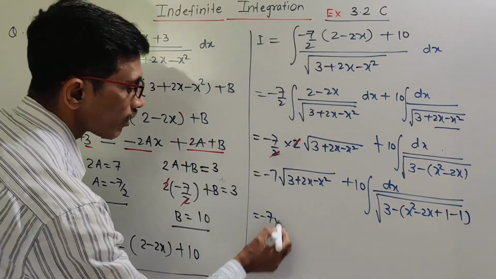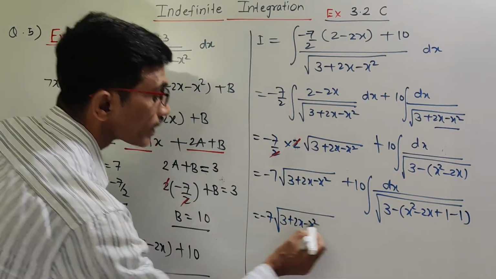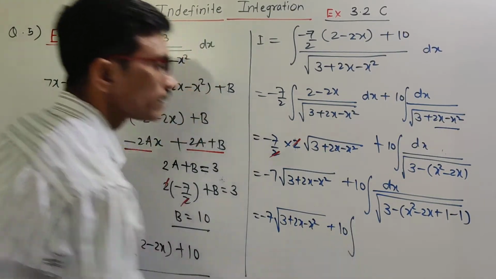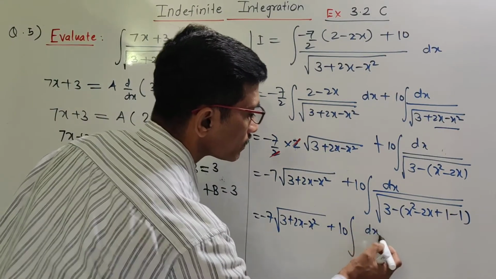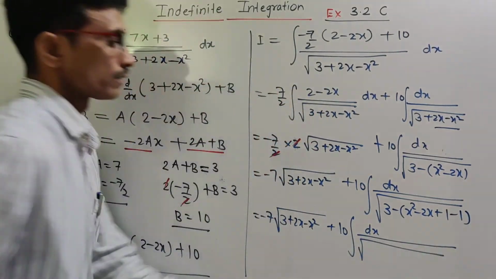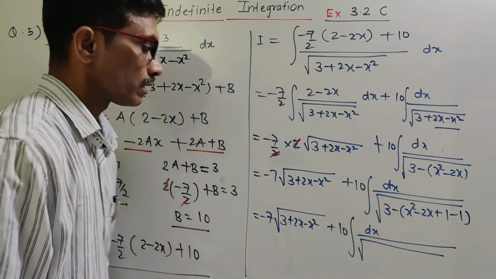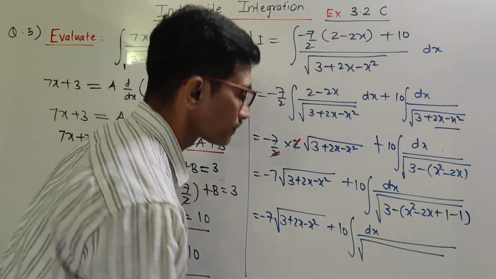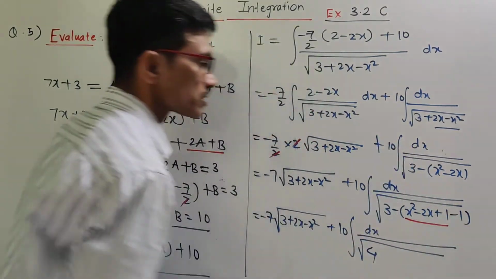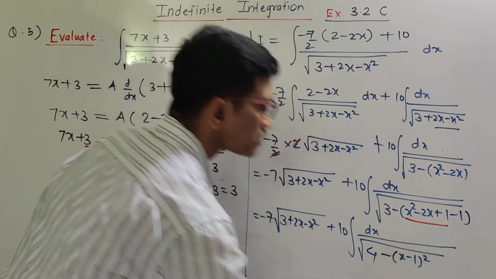Minus 7 root of 3 plus 2x minus x square plus 10 integral dx upon square root of minus of minus 1, here it will be plus 3, and 3 plus 1 is 4, and this is x minus 1 whole square.